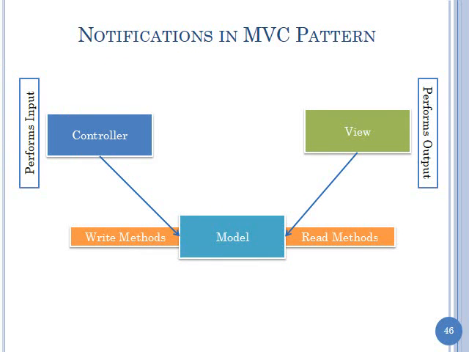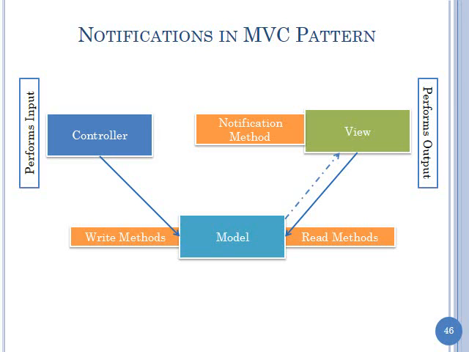So our model view controller paradigm now becomes a little bit more complicated. So far we had the controller invoking write methods on the model and the view invoking read methods on the model, and those were the only arrows we had. And those are the only two kinds of methods. Now we're going to have in the view a notification method. So not only does the view call methods in the model, the model calls methods in the view also.